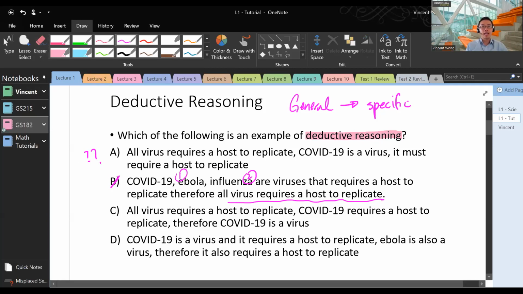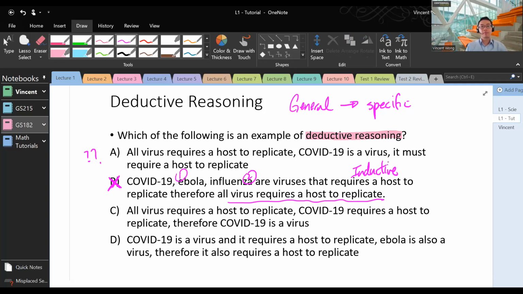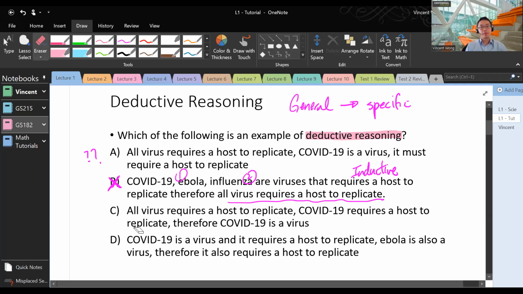So this is not an example of deductive reasoning. Do you guys understand why this is not? Many of you chose it, but have I just convinced you that this one is actually inductive? Remember, inductive is from many, many examples to a broad statement. Okay, so that's not it. Next one.